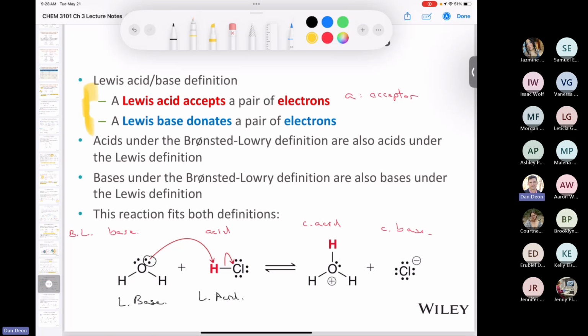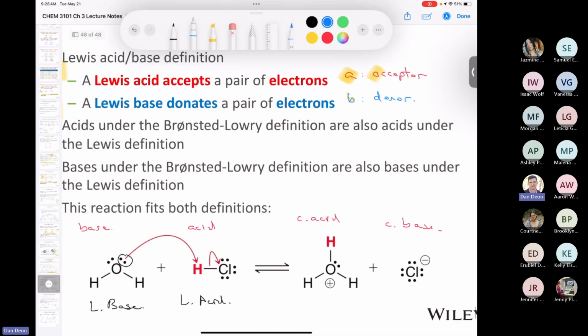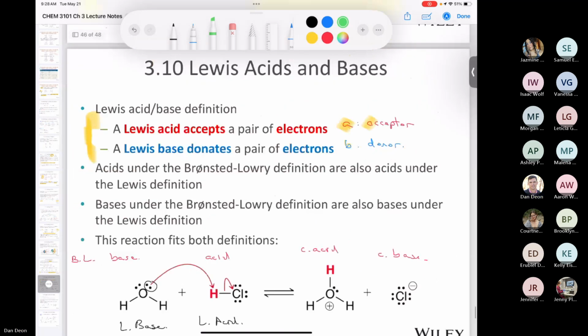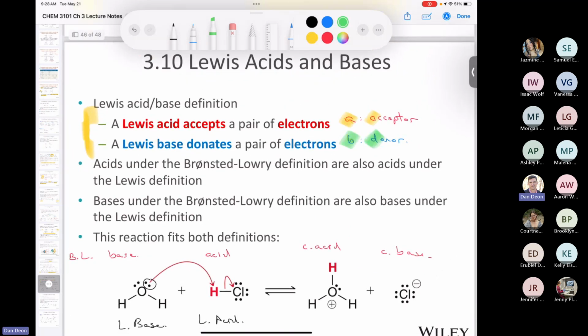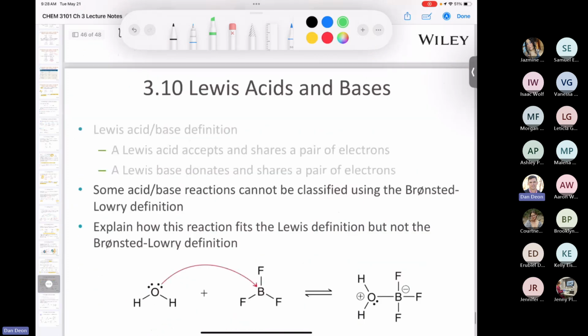So you have two vowels, the letter A twice. Acid, electron acceptor. And then you have base and donor. So base is a donor, two consonants, B and D. Okay, that's the easiest way to remember Lewis acids and bases.